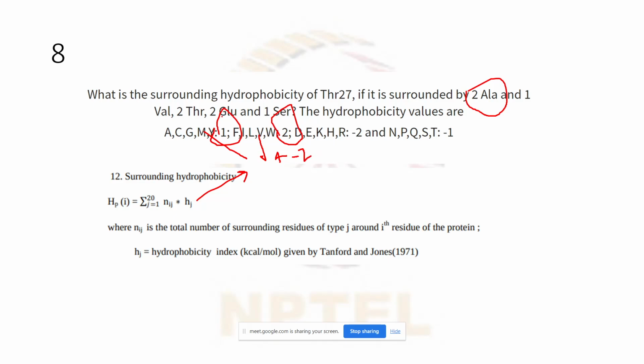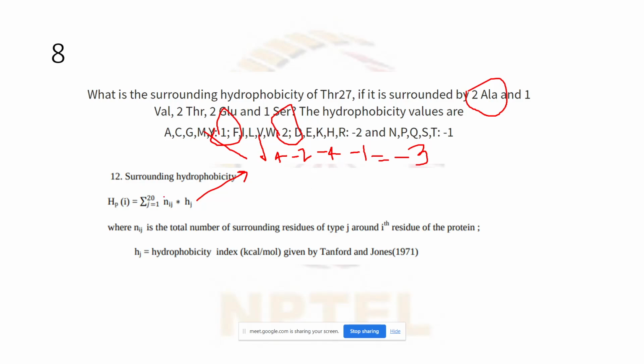Next we have 2 glutamic acids, so 2 into their value, which is minus 2, giving minus 4. And lastly we have 1 serine; the value of serine is minus 1, then minus 1. So overall this gives minus 3.